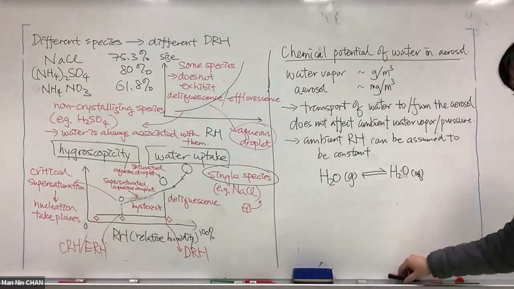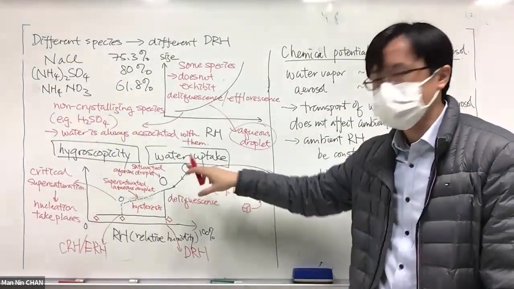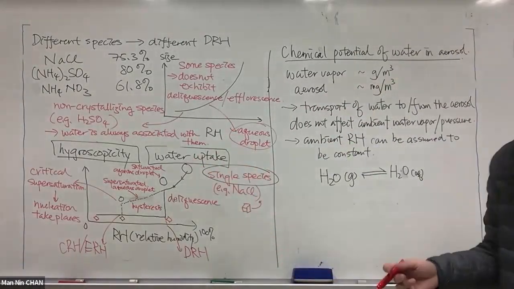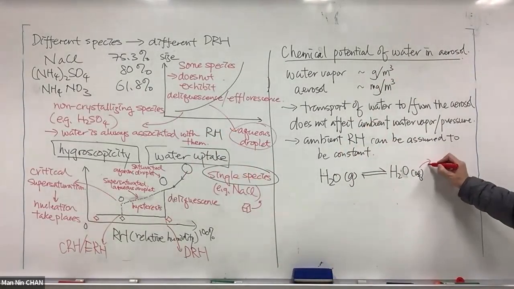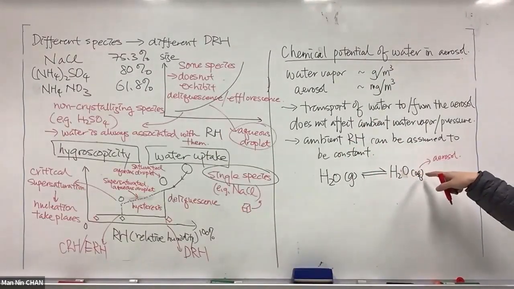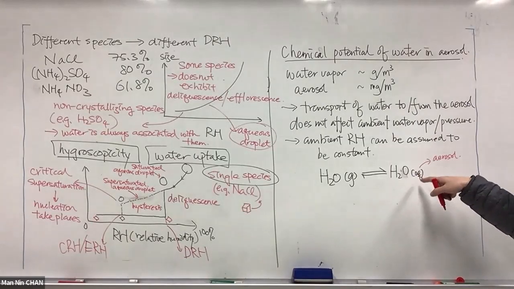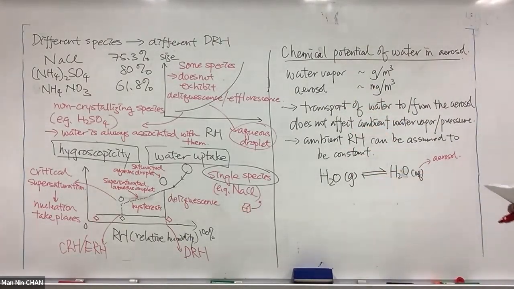AQ means that because you have water in your aerosol, it's an aqueous droplet. If you don't have any water in the aerosol, it's a dry solid particle. So AQ just means some water will be in the aerosol phase, and some water will be in the gas phase, and then they can reach an equilibrium. This is how we can assume there's an equilibrium.